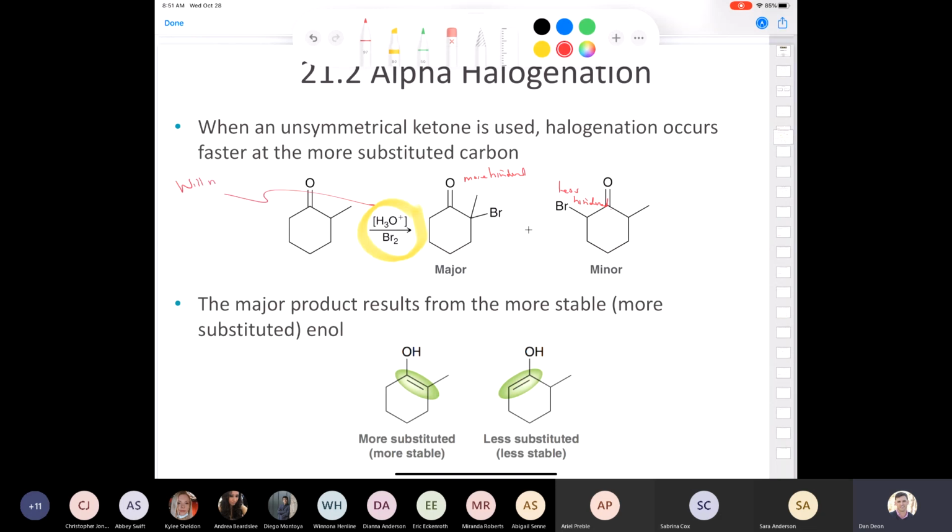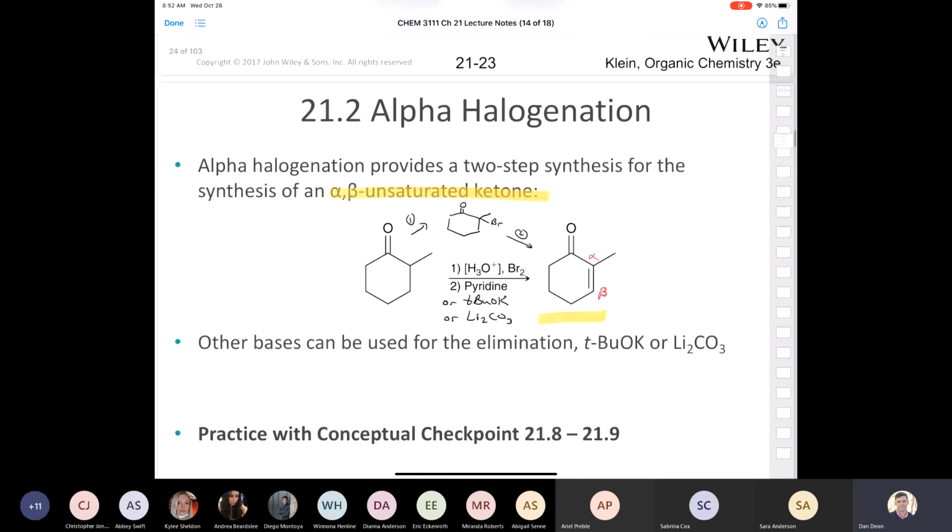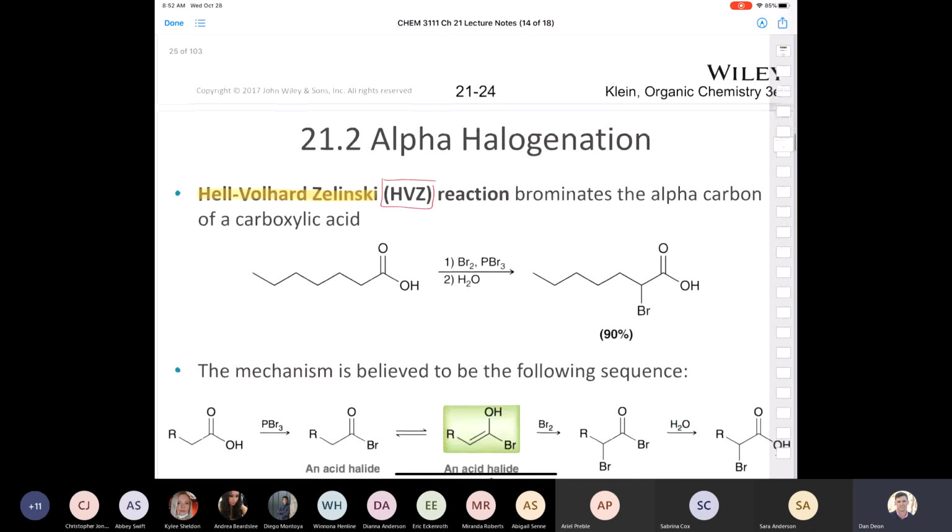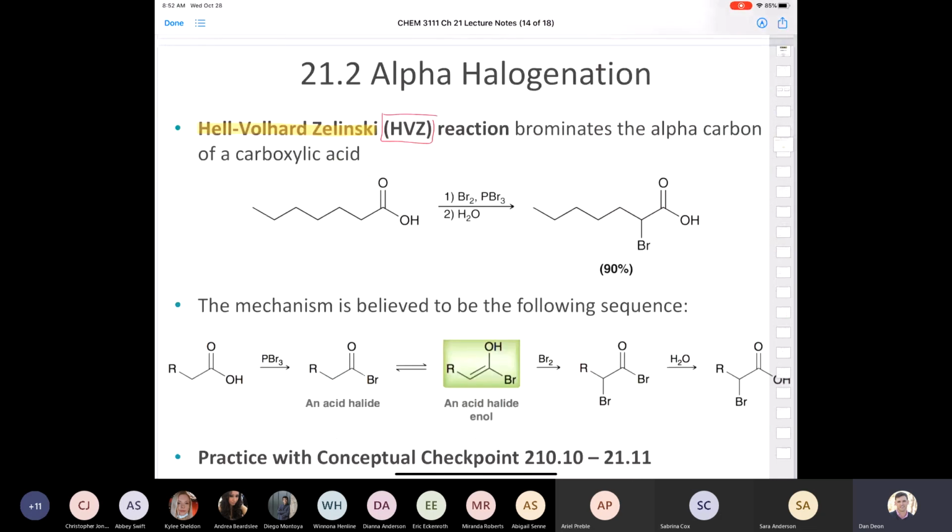Will not work on a carboxylic acid. And so if we have a carboxylic acid, can we do alpha halogenation? The answer is yes. And to do that, we're going to use the HVZ or Hell-Volhard-Zelinsky reaction. So it brominates at the alpha carbon of a carboxylic acid. This one's a little bit more involved, right? A little bit more to know here in terms of the reagents.